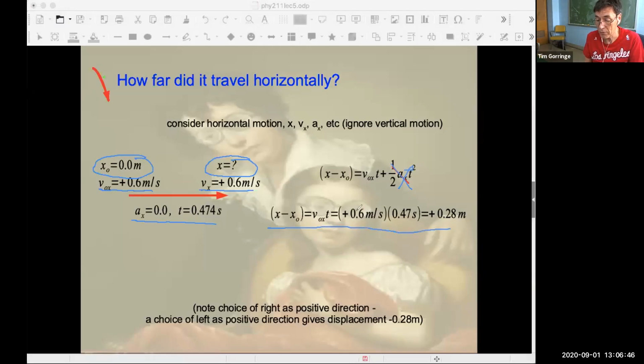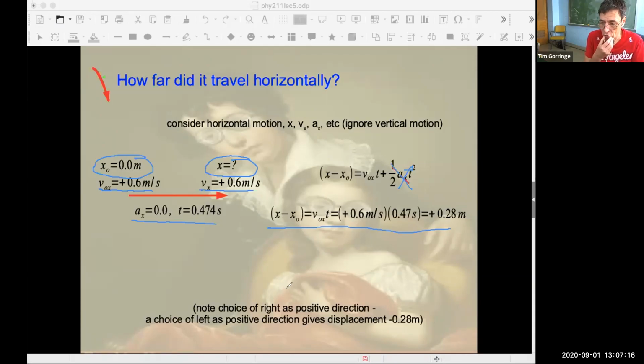The displacement is going to be the initial speed, v0x, times the elapsed time. That's 0.6 meters per second times just under half a second, comes out to be 0.28 meters. And so that's how you solve the horizontal distance traveled. We didn't have to worry about the complicated parabolic path. We just had to think about the horizontal motion to find the horizontal distance.